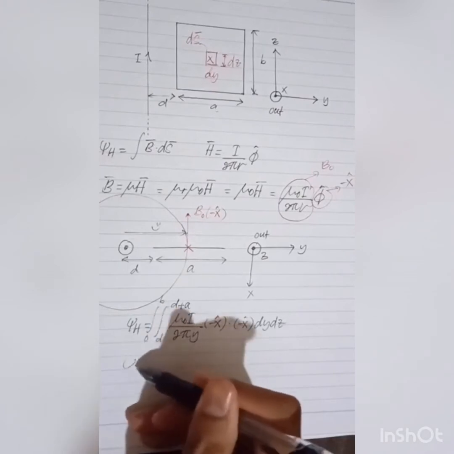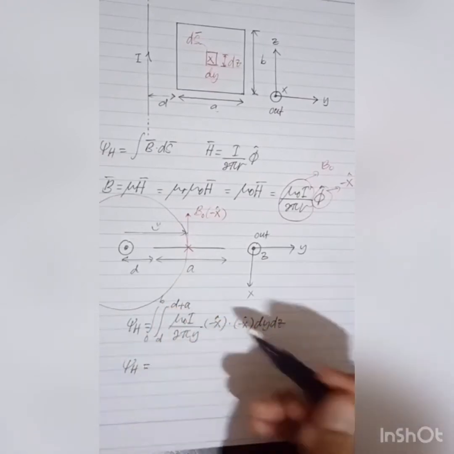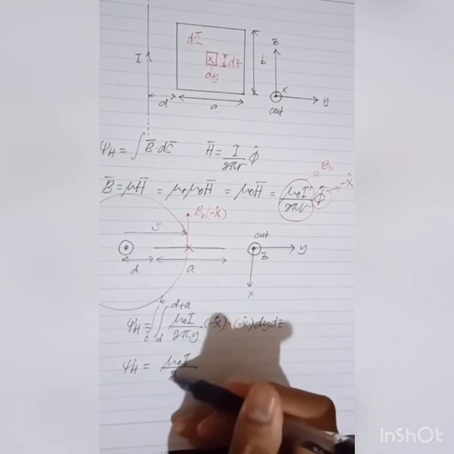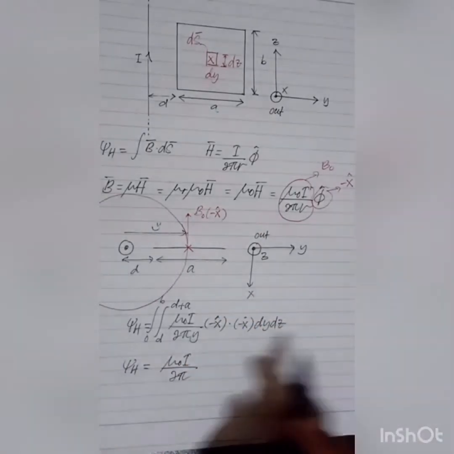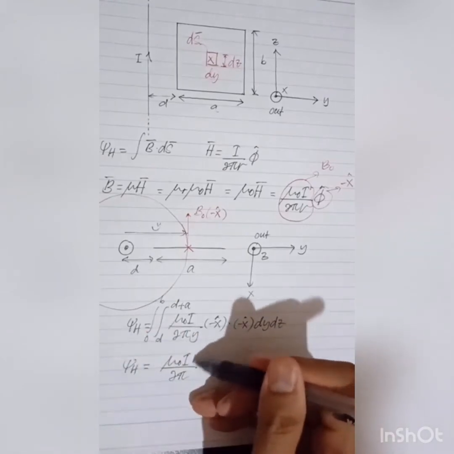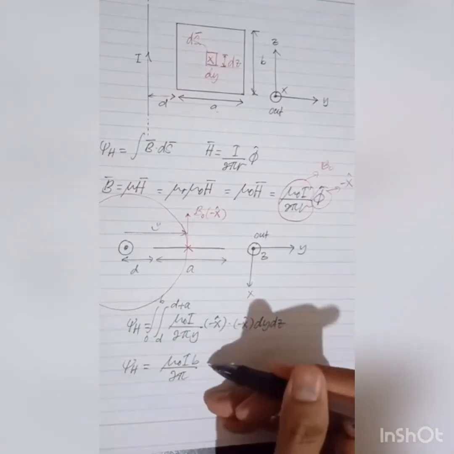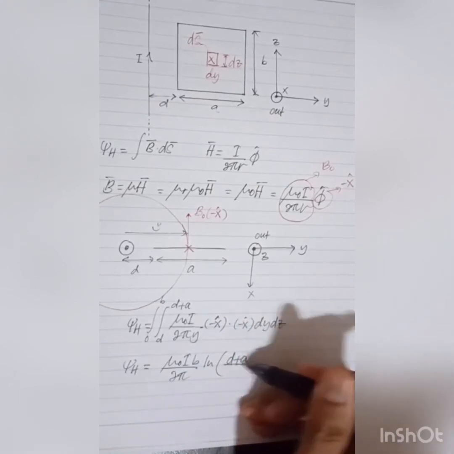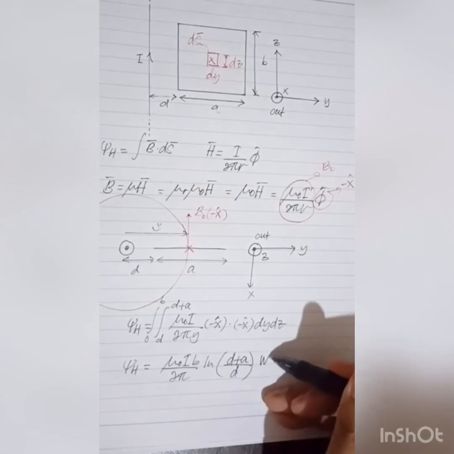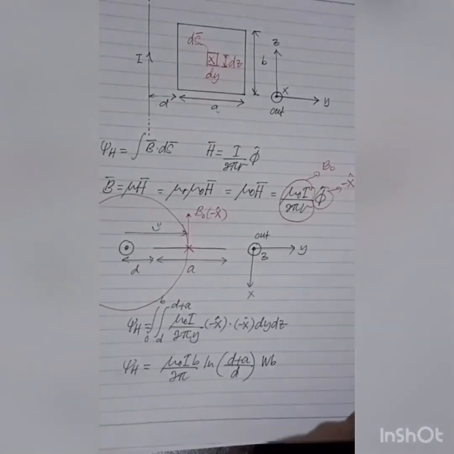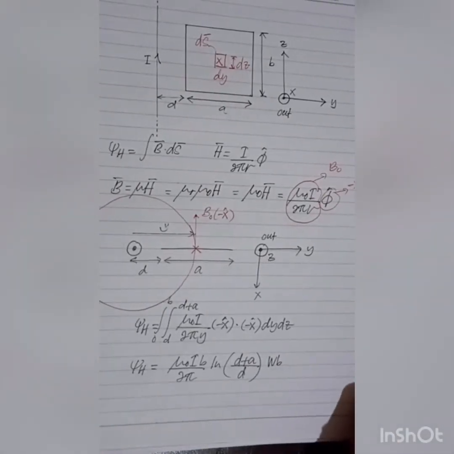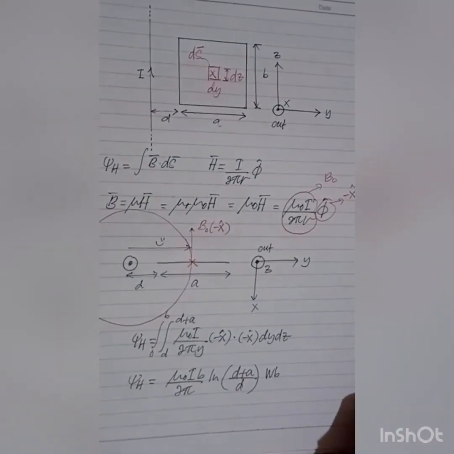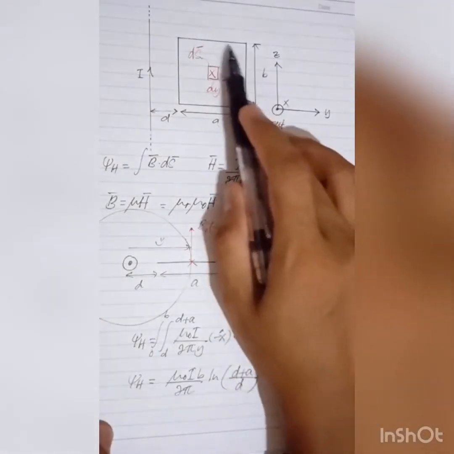The magnetic flux finally becomes mu naught I over 2 pi; integrating over z gives B, and integrating over y gives ln of (D plus A) over D, in Weber. This is the expression of the magnetic flux that passes through this rectangular loop.